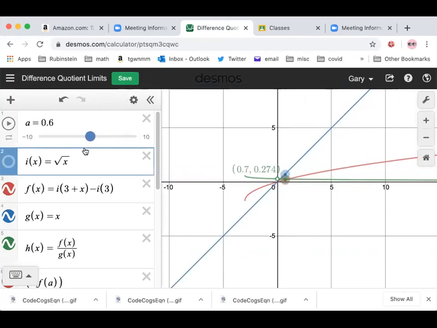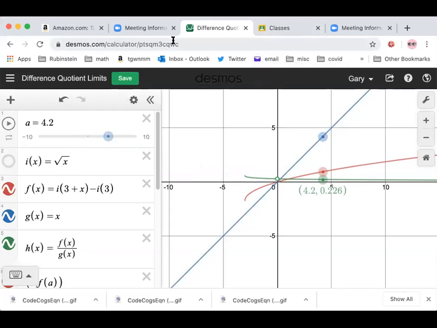It does get undefined when the blue hits 0, but you can see that that point is really close to that 1 over 2 radical 3.